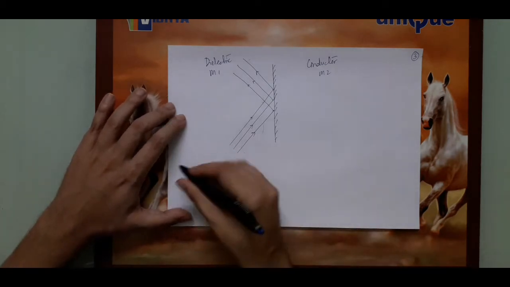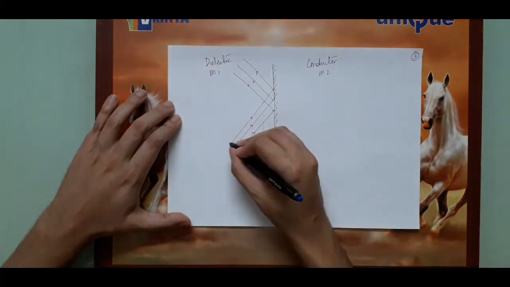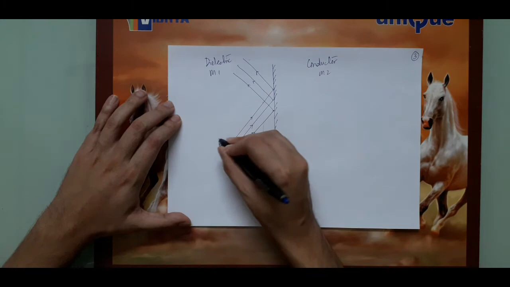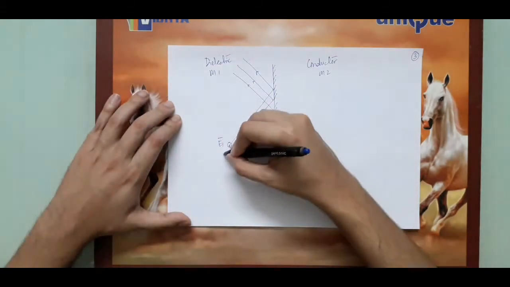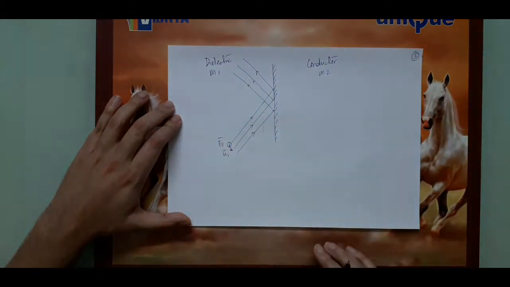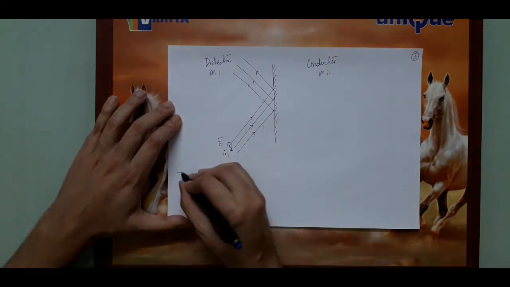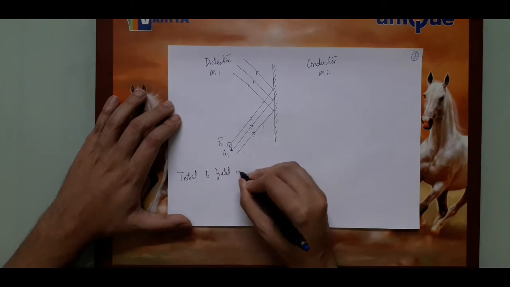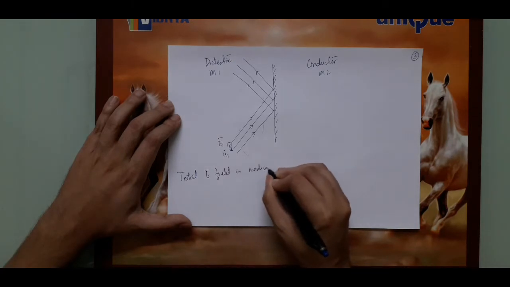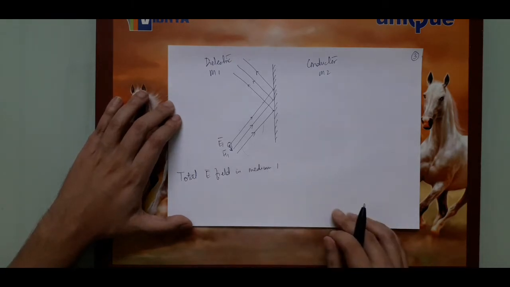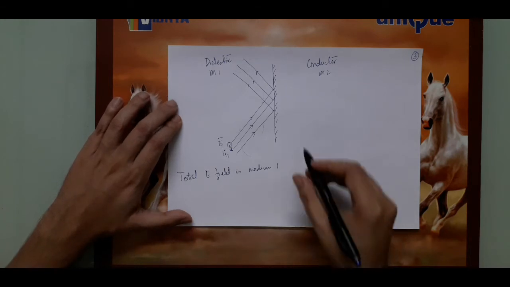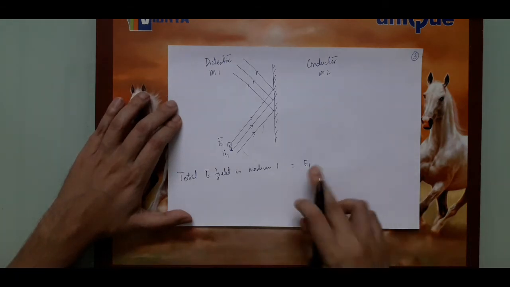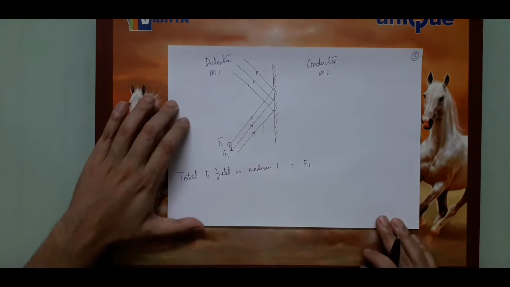So I can say that, let's continue with the case of the vertical polarization. Let's call this as EI. So this will be obviously HI. So the total E field in medium 1, let us call it as the E1, that is the electric field in medium 1.